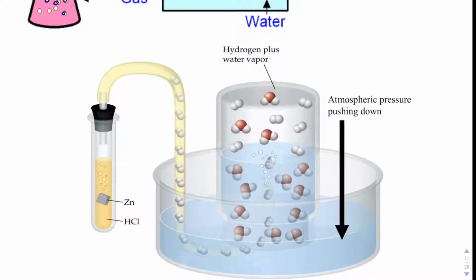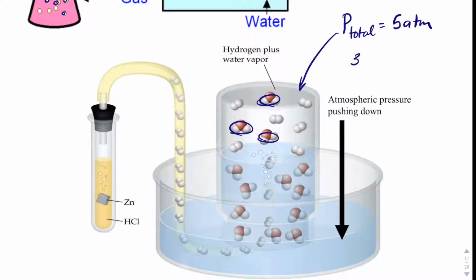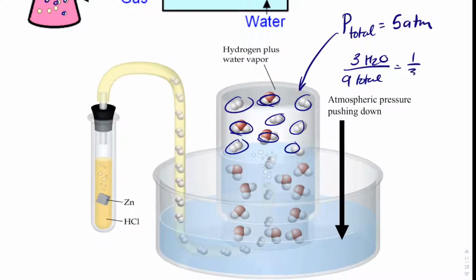So if I measure this pressure, let's say the pressure inside of there was 5 atm. Well, 1, 2, 3 waters divided by 1, 2, 3, 4, 5, 6, 7, 8, 9 total. We have 1/3 of that pressure being water. So I would have to subtract away 1/3 of this.